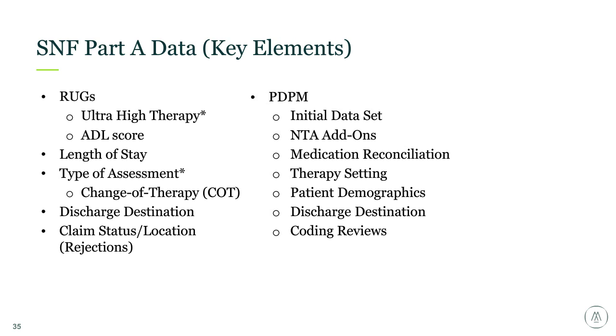Do you have proper line of sight into who is coming in and out of your facility? What's their discharge destination? Are we making sure that they're getting into the right location post-acute? Are they going home? Are they going to home health or hospice? Being aware of where our patients are ending up, and then those ongoing coding reviews.